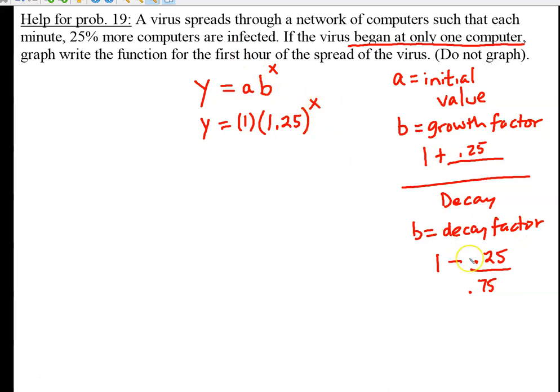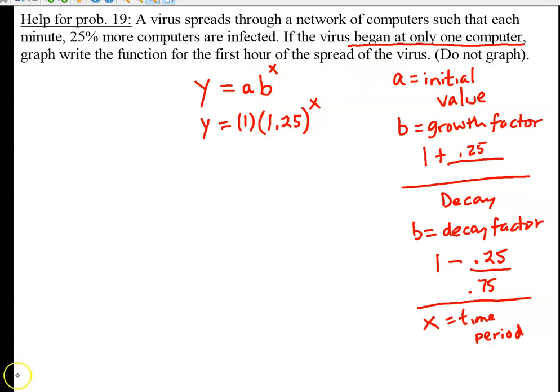So X, we have one more variable to identify. X is always a time period. You'll just have to read your problem to know whether they're talking about minutes, hours, years, and in this particular case, we want to know for the first hour of the spread of the virus.